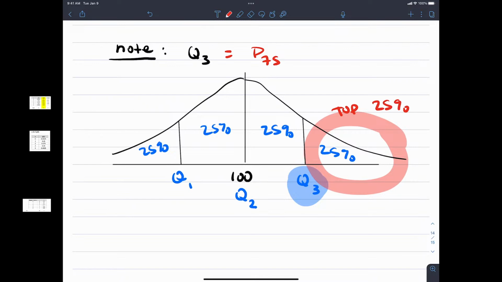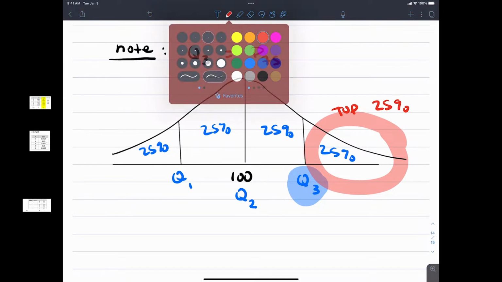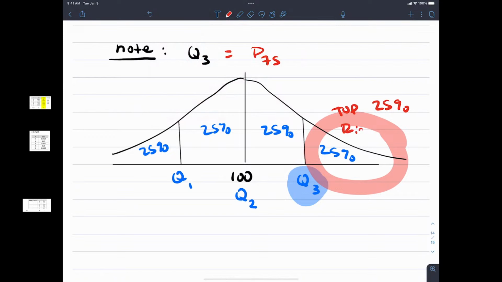Yes, outstanding. So you would say, I can still consider the right tail like we did. Every one of these tops is a right tail. Is that true? So this percent is 25. How do you write that as a decimal? 0.25.